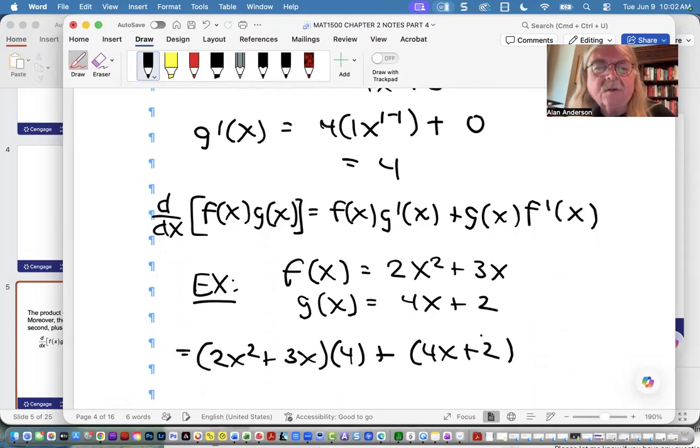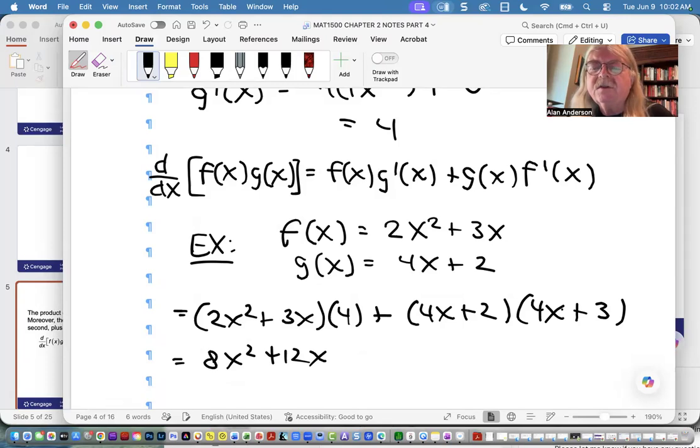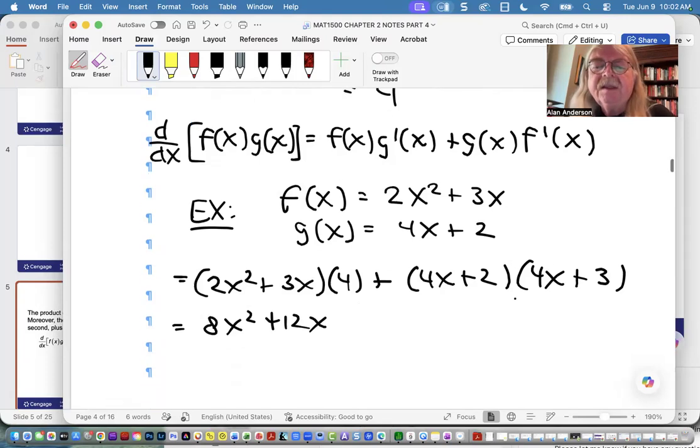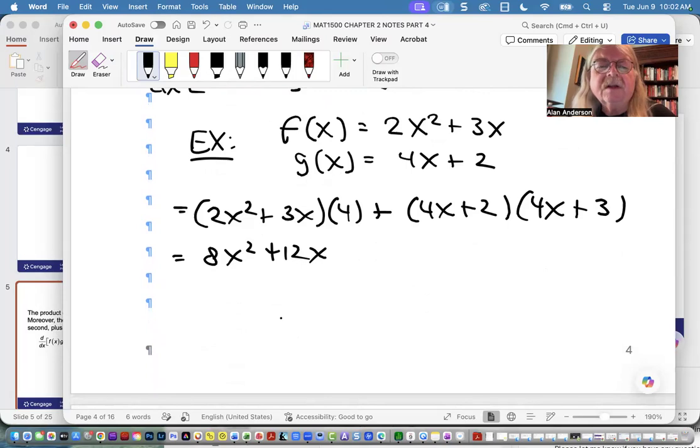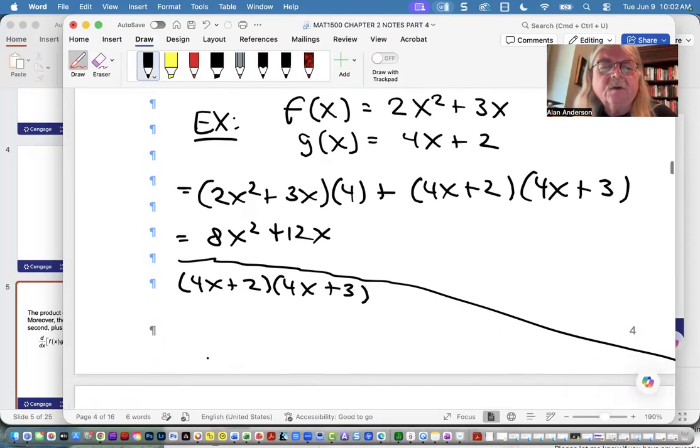And then f prime of x, which we just proved up here, is 4x plus 3. Now, the first one is easy to expand. I'm guessing that when you do this in WebAssign, they're going to ask you to do what we're doing here. Now, as far as the second part goes, we might as well use FOIL. I'll put it aside over here, and we'll do a FOIL on it.